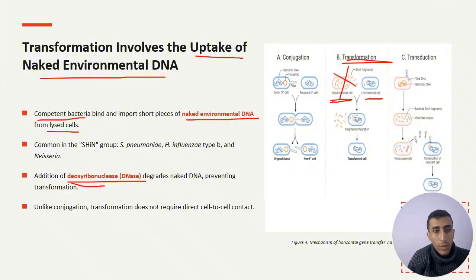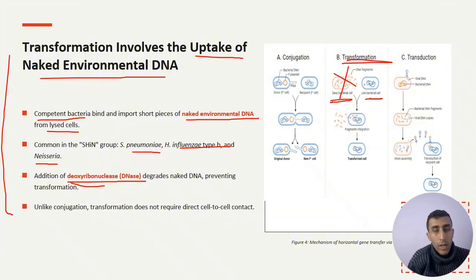There are some common organisms such as Streptococcus pneumoniae, Haemophilus influenzae type B, and Neisseria. These organisms are some of our examples of acquiring genetic material by this method.